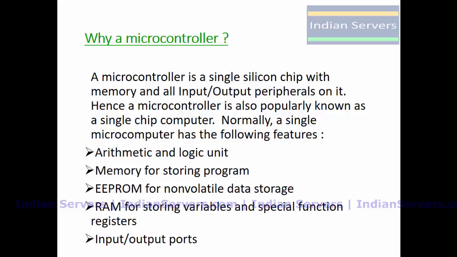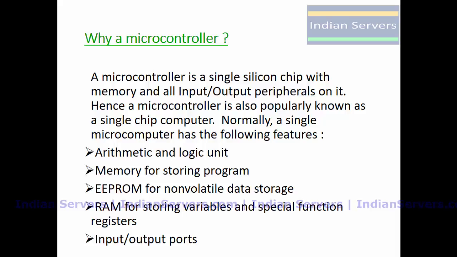Other devices we have to connect to it externally. But in a microcontroller, things like RAM, ROM, and other on-chip peripherals are built in. All the things are fabricated on one silicon chip, and we call that silicon chip a microcontroller.